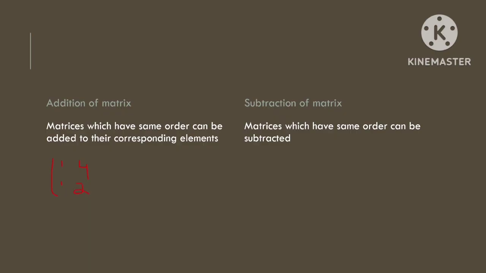We call this the A matrix. The B matrix must be of the same order to add. B matrix should be the same order, meaning a 2 into 2 matrix only. For example, 1 0 2 3.